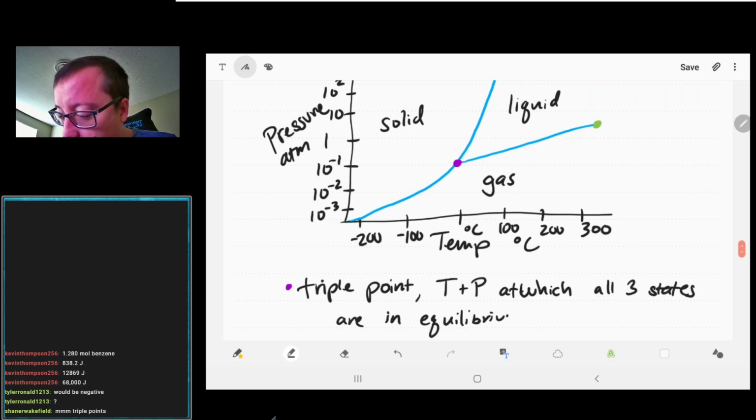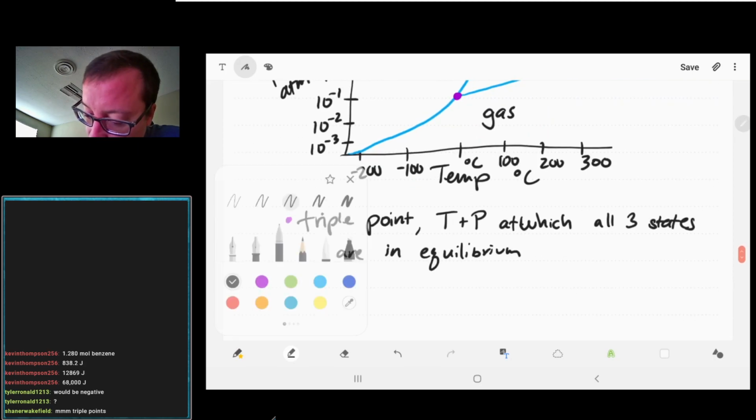So that means your substance is rapidly changing between gas, liquid, solid all at once. So it's a very interesting temperature and pressure to look at. It's where you have all three states at once.